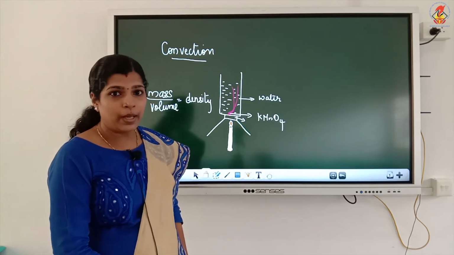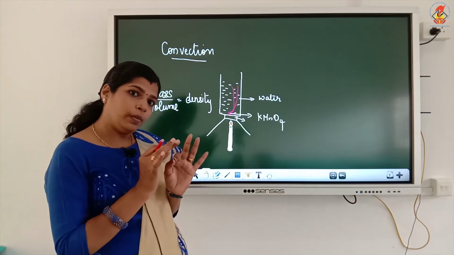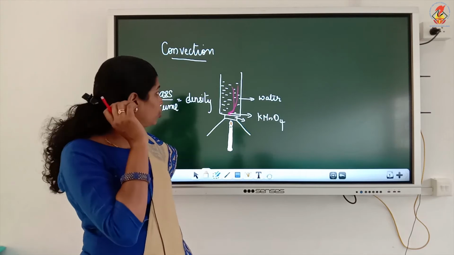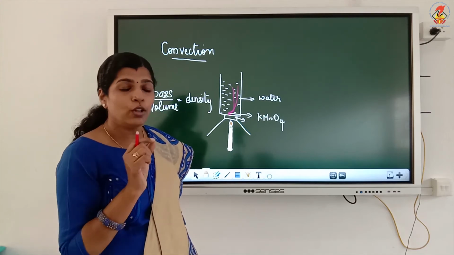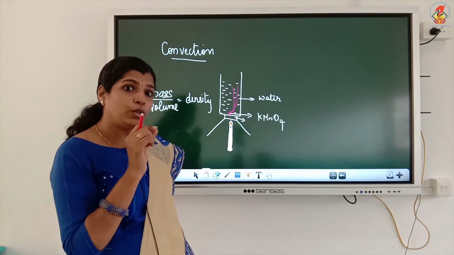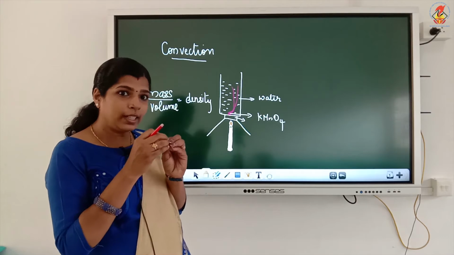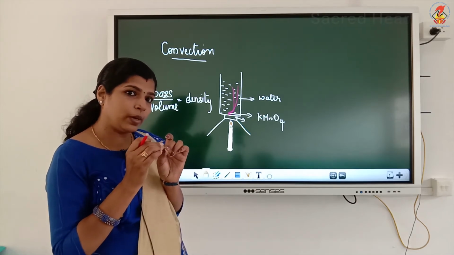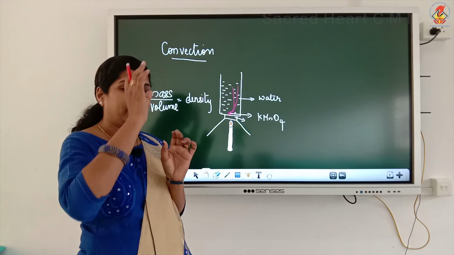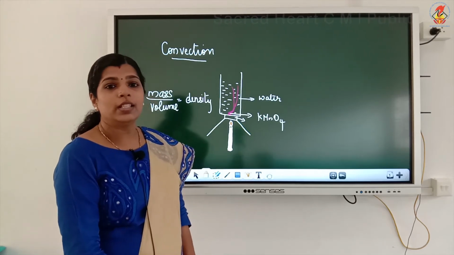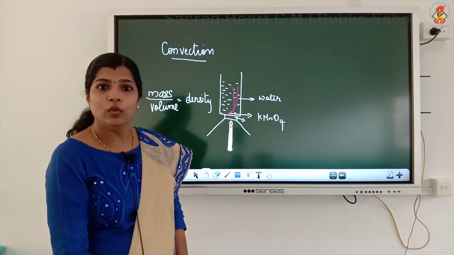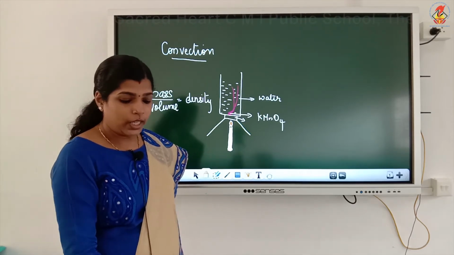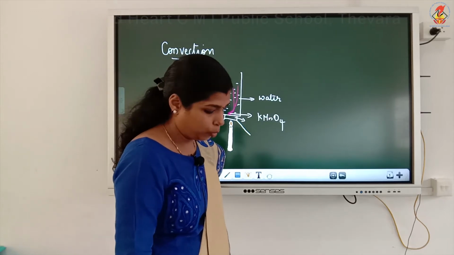You can see the potassium permanganate color go in the upward direction through the water. Actually, that is the movement of the hot water.